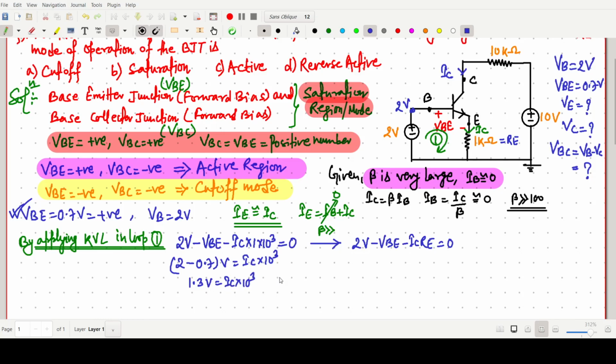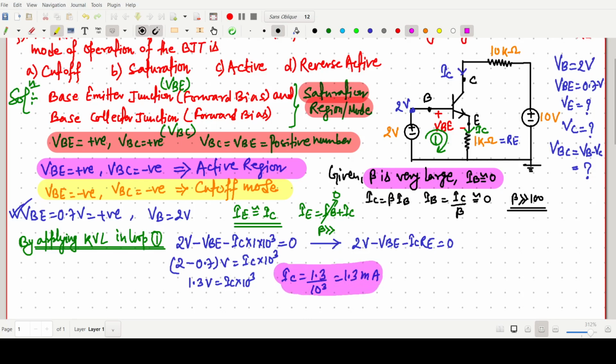So 2 minus 0.7 should be 1.3 volt. So IC can be simply 1.3 by 10 to the power 3, which is 1.3, better to write in milliampere. IC will be in milliampere.